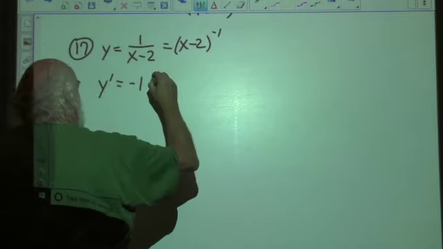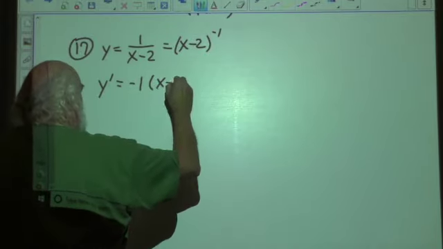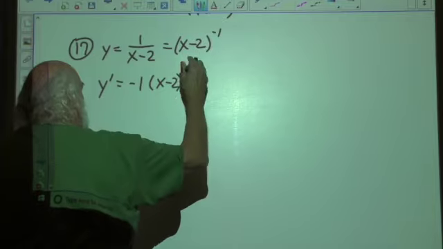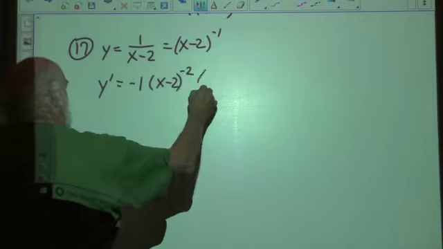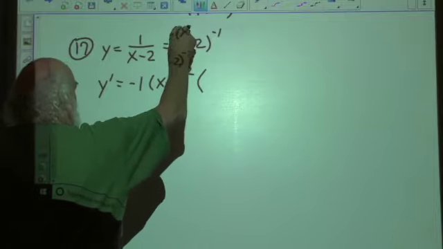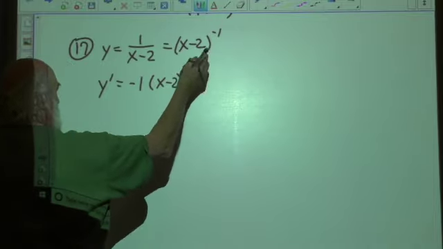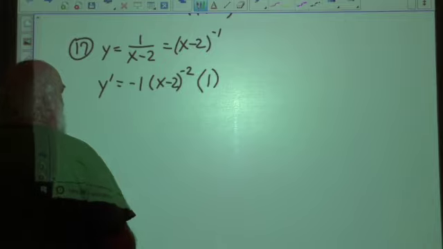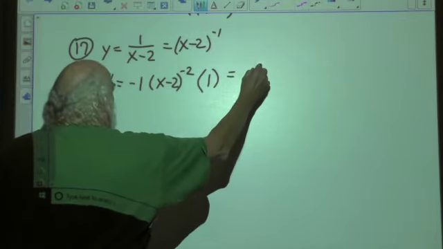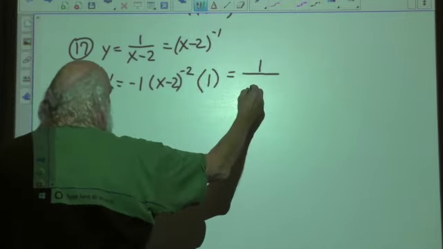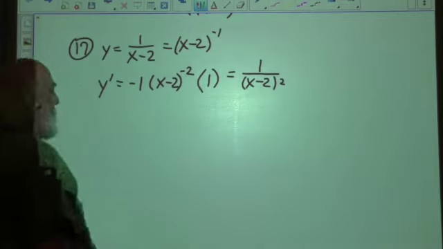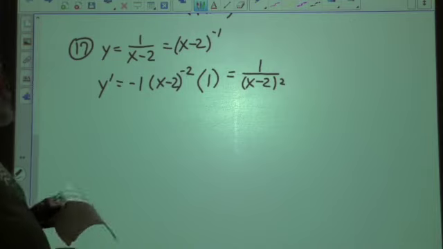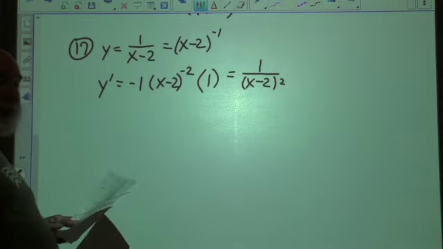Then we take x minus 2 and subtract 1 from the exponent, we get negative 2, times the derivative of x minus 2. We don't care about the minus 2, the derivative of x is 1. So we end up with 1 over, because that's a negative exponent, x minus 2 quantity squared. There you have it.